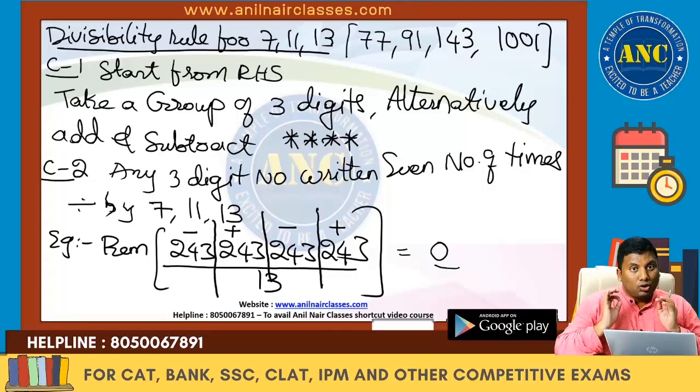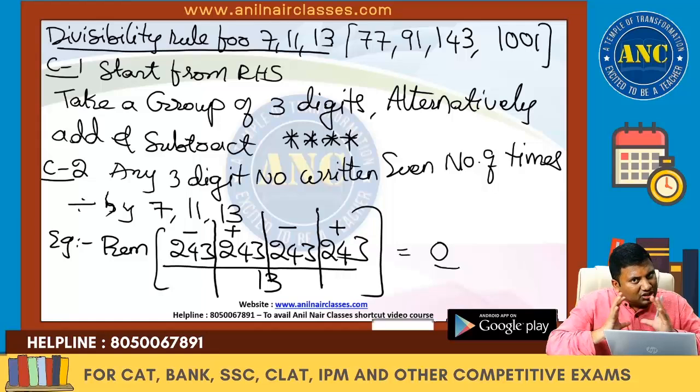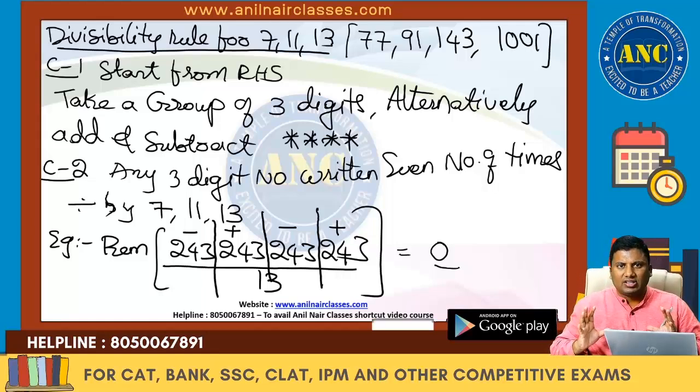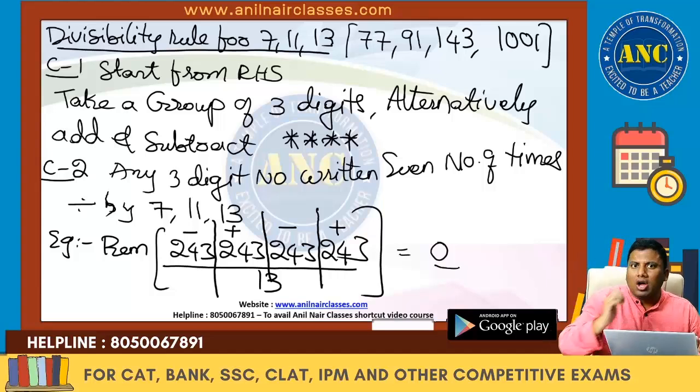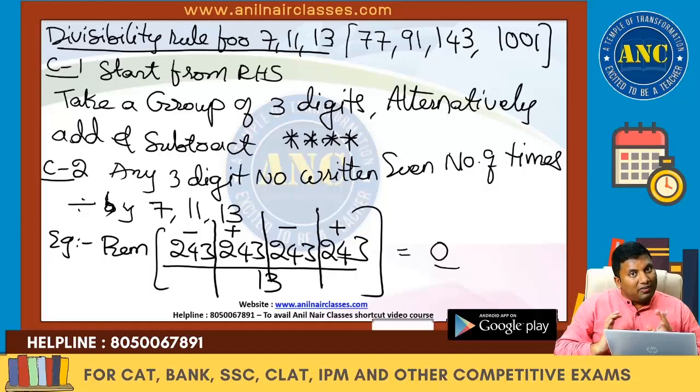So, two important things. First is the generic divisibility rule for 7: start from right hand side, take a group of three digits, alternatively add and subtract. Any three digit number written even number of times is always divisible by 7, 11 and 13. I hope this concept is clear. Third concept.